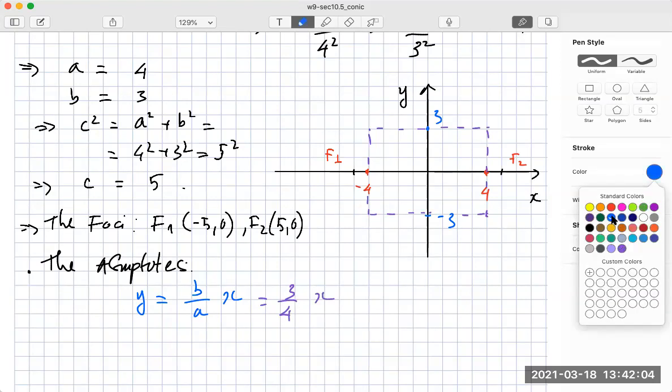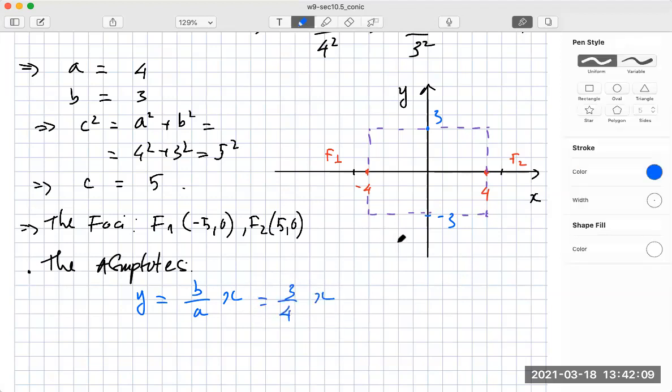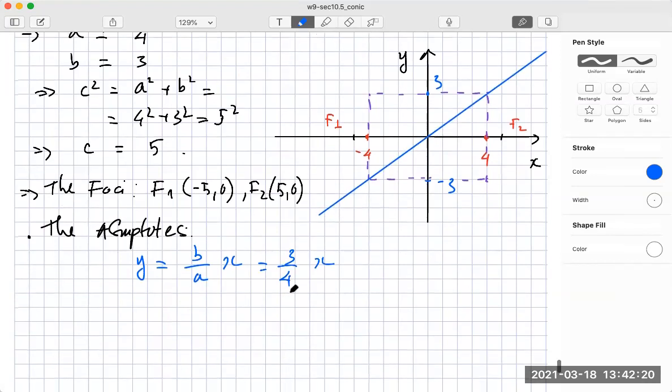And these linear lines go through the origin at 0. So the lines should be like this. And the other line, y will be negative 3 over 4 x here, right? The same slope, but the slope is the negative of this. Therefore, it should be this guy, okay?